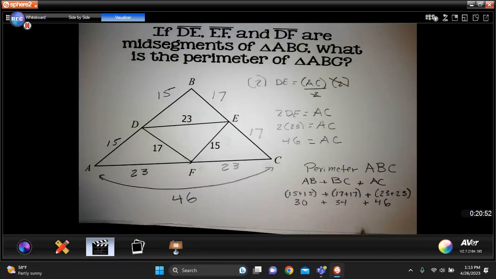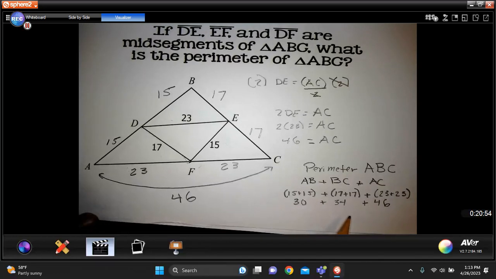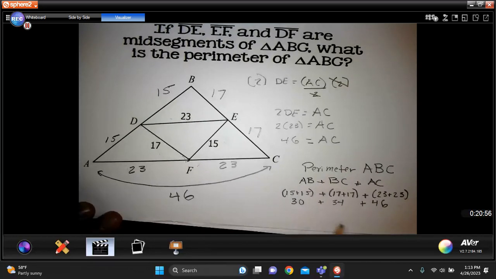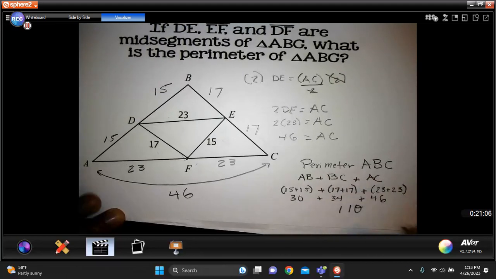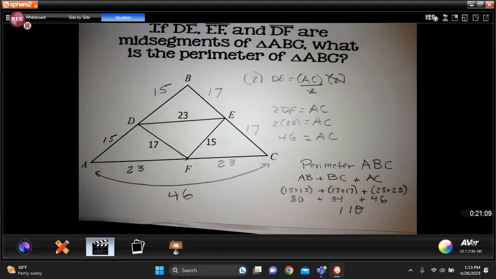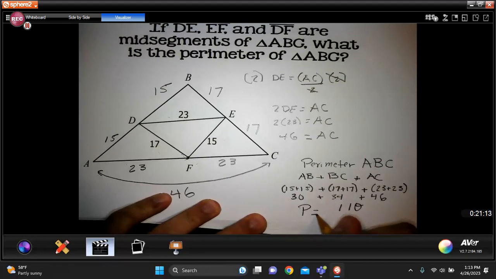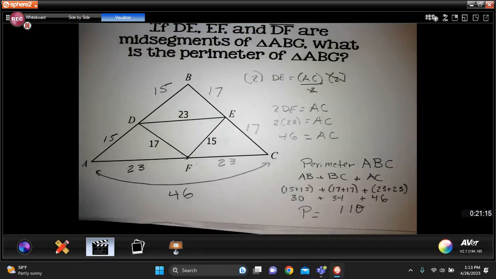I just need to add all the terms together. We have 30 plus 34, which is 64. 64 plus 46 is going to be 110. So the whole perimeter of triangle ABC is going to be 110.